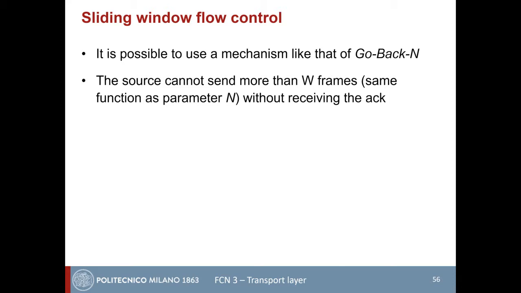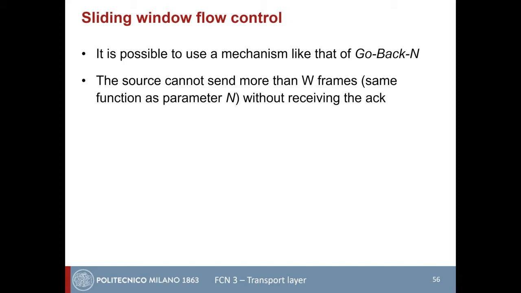So far we have seen that in the GoBackN, for example, we have a transmission window of a certain number of positions, W positions, and the source cannot send more than W frames without receiving the ACK.